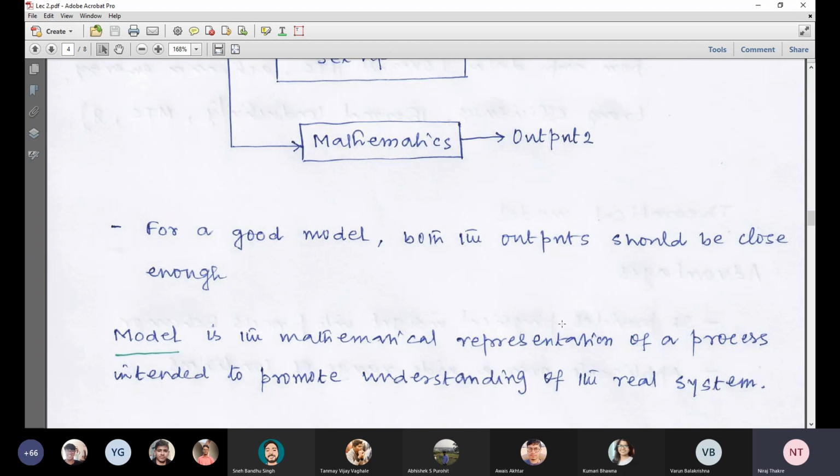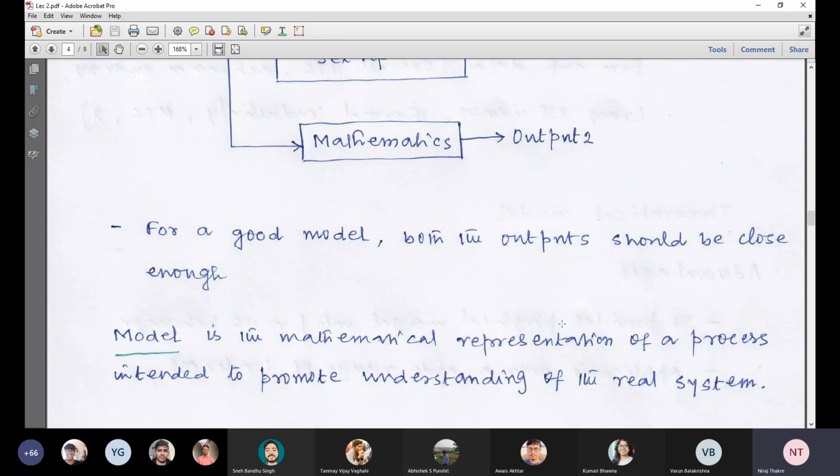See, simulation is a solution of modeling equations. That is simulation. In numerical methods, we have used this term numerical solution, but here simulation. Simulation we use because a large number of equations are usually involved, and for a long time we produce the results. The simulation is basically the solution of model equations.